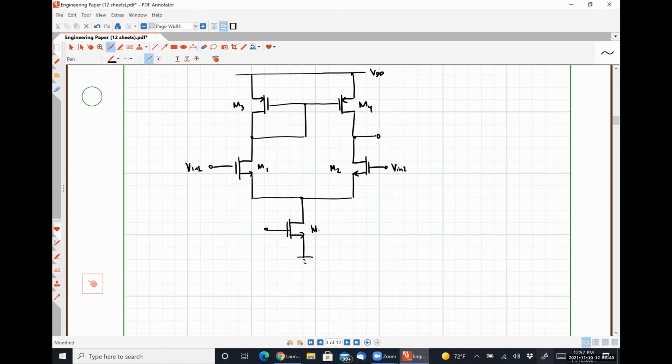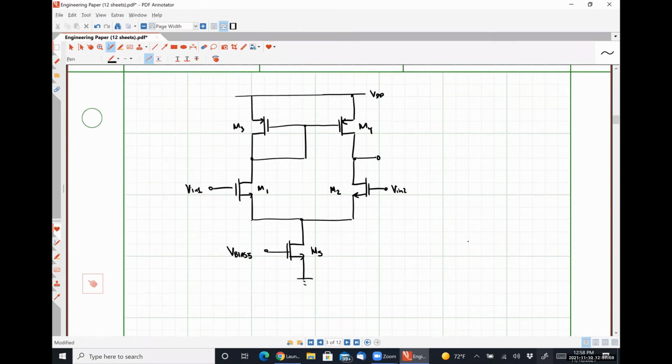So this is going to be M5, and I'm going to call this voltage here V bias 5. And this will be single-ended output V out.